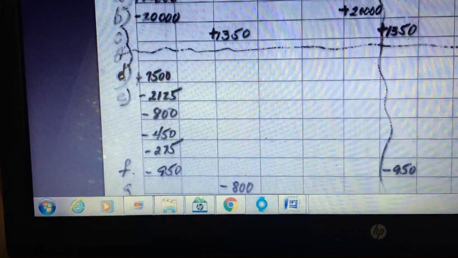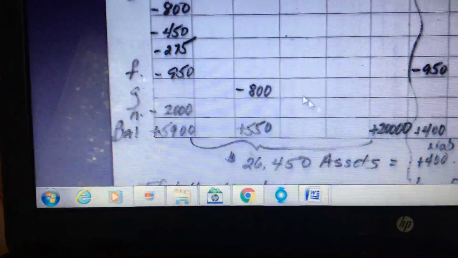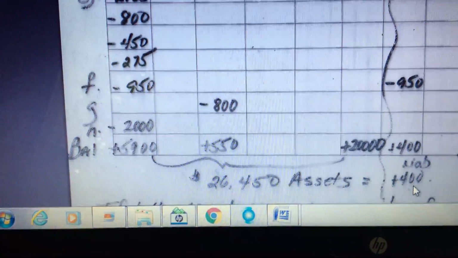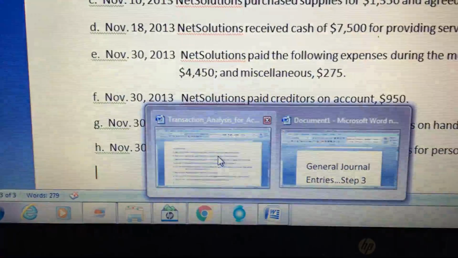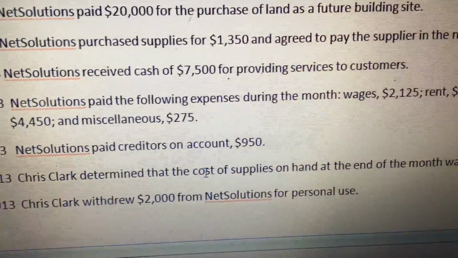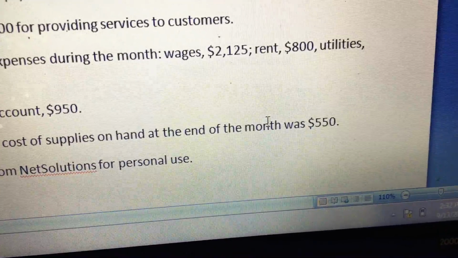Now the next one was the one where we had to calculate how much the supplies had been used, and if you remember, I put that one on the board, and we came up with the fact that $800 in supplies had been used. Now let's look at the actual transaction here. It said that on November 30th, Chris Clark determined the cost of supplies on hand at the end of the month was $550.